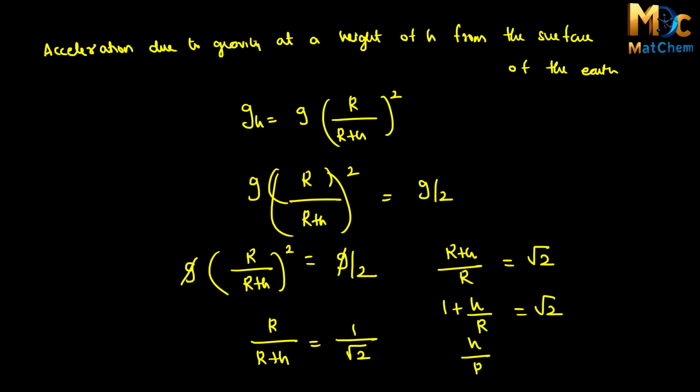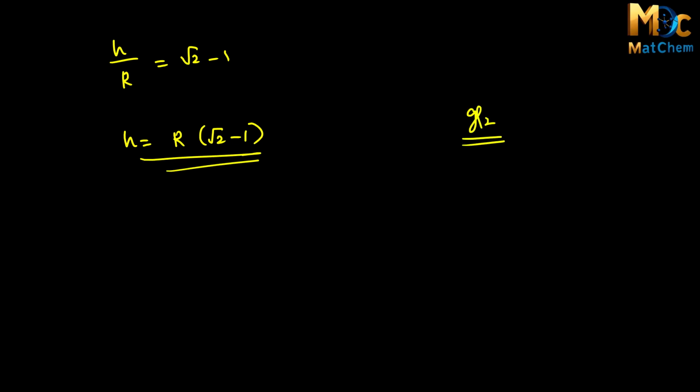That is, h by R is equal to root 2 minus 1. Therefore, h is equal to R into (root 2 minus 1). That means when the height from the surface of the earth becomes R into (root 2 minus 1), the acceleration due to gravity value will become equal to g by 2. So this is the height we needed to calculate.